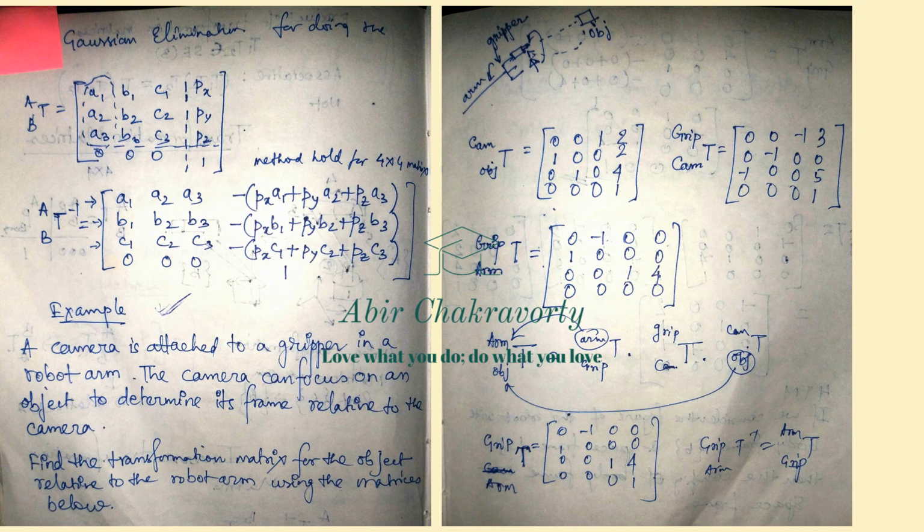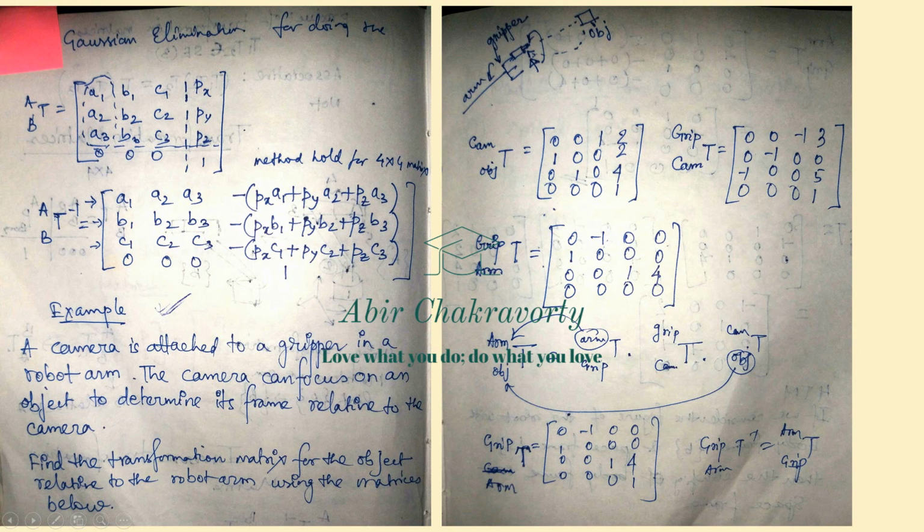And the linear translation part is how much linear translation is happening apart from rotation of the robotic arm to grab that object. Now all these column matrices are changed into row matrices. Now Px is multiplied by A1, so negative, in brackets, Px A1, Py A2, Pz A3.